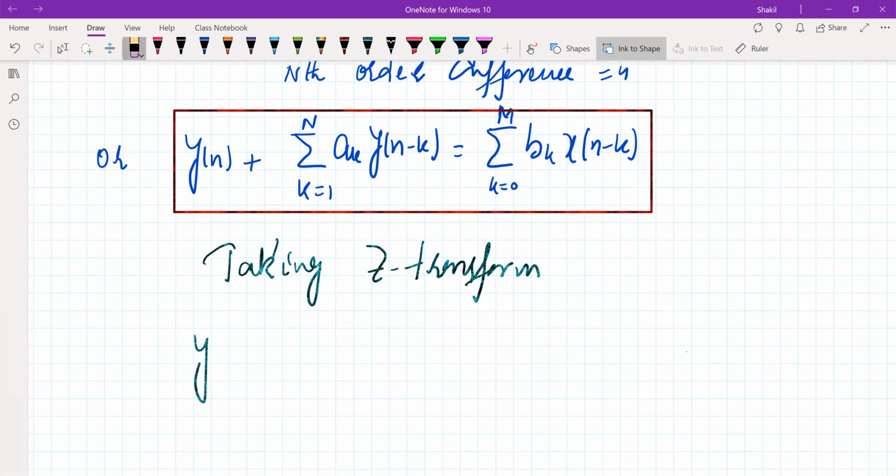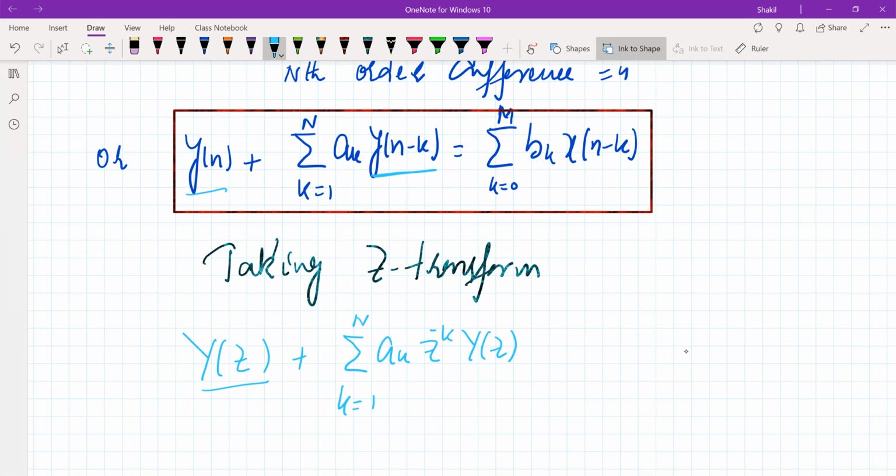If we say Z transform of y of n is Y of z, plus summation k running from 1 to n a k. Now if Z transform of y of n is Y of z, then Z transform of this term will be simply z raised to the power minus k Y of z, and this is because of the shifting property of Z transform.